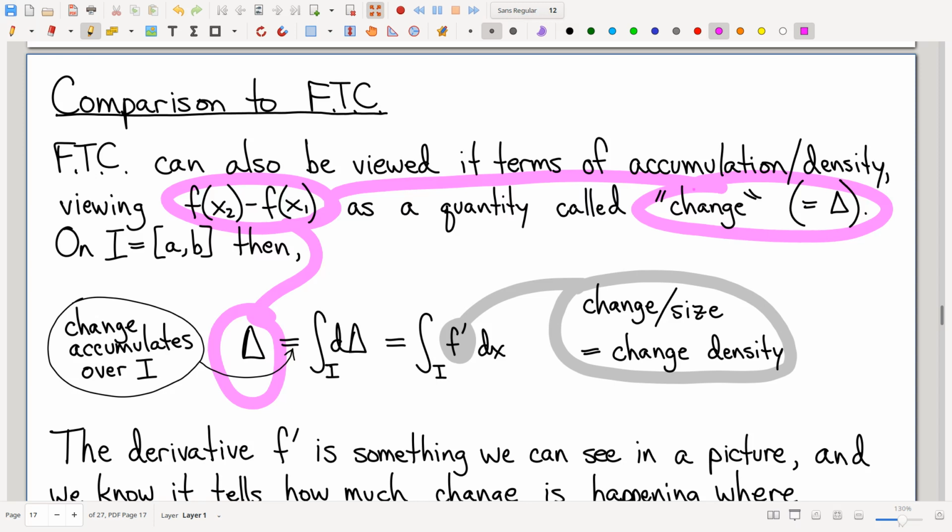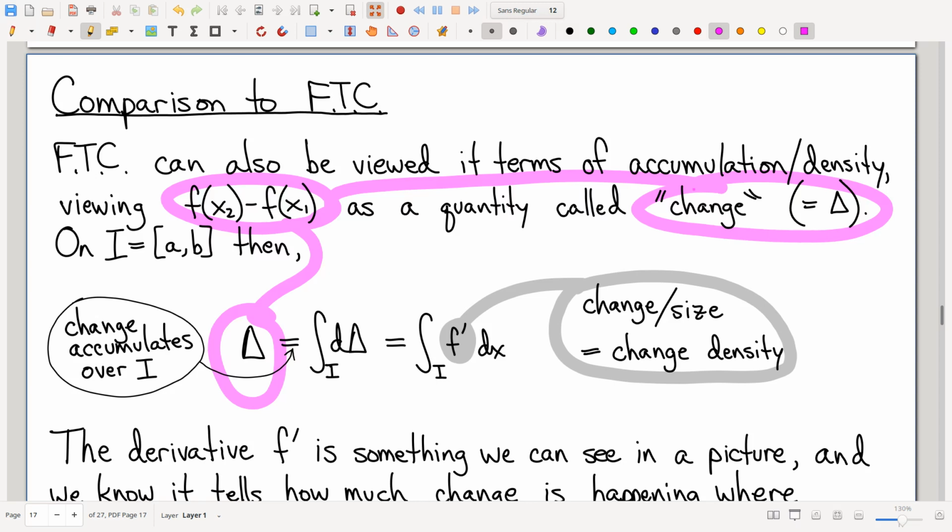That's true. So, for example, if I look at how much my height changed between the ages of 0 and 5, and how much my height changed between age 5 and 10, well, if you add those up, you're going to get the amount that my height changed between ages 0 and 10, right?